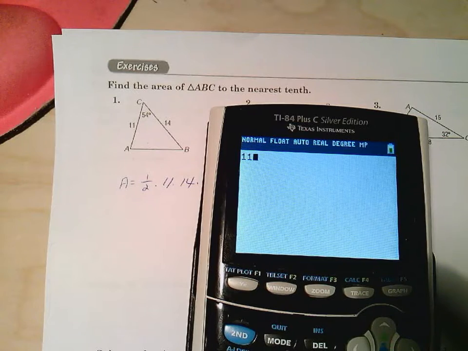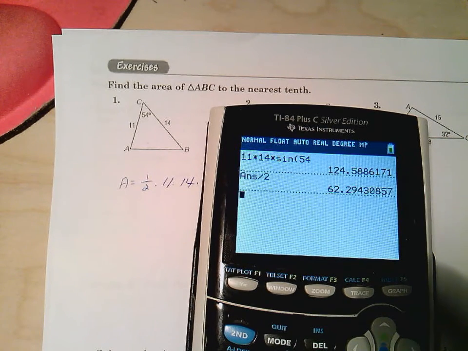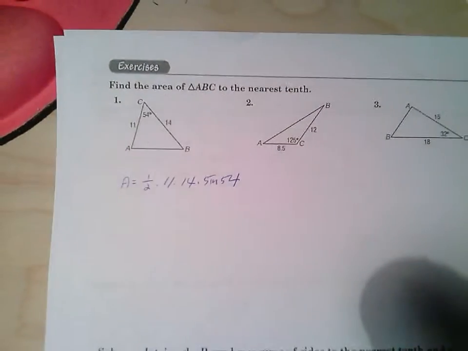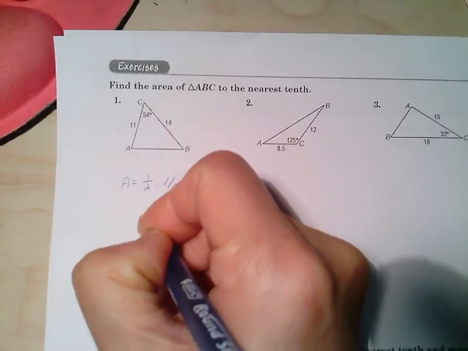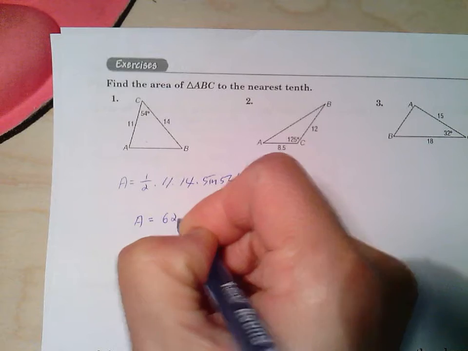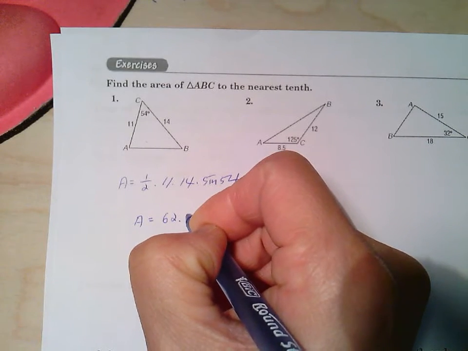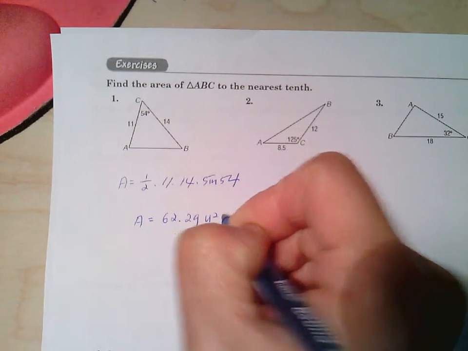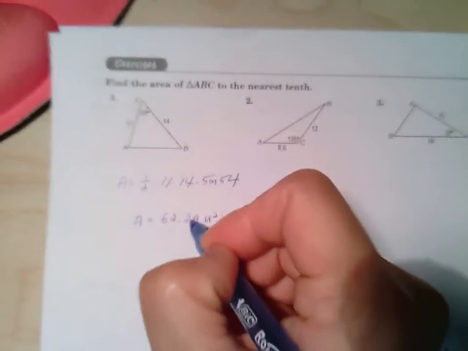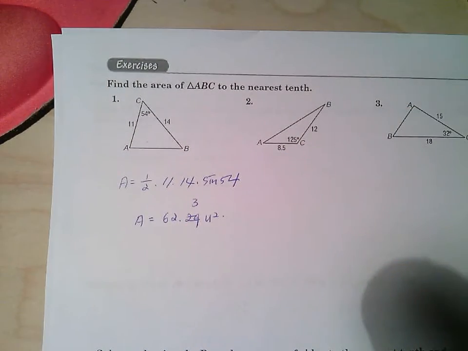So 11 times 14 times sine of 54, and divided by 2, which is 62.29 unit square. Oh, it says to the nearest tenth. So that will be 62.3.